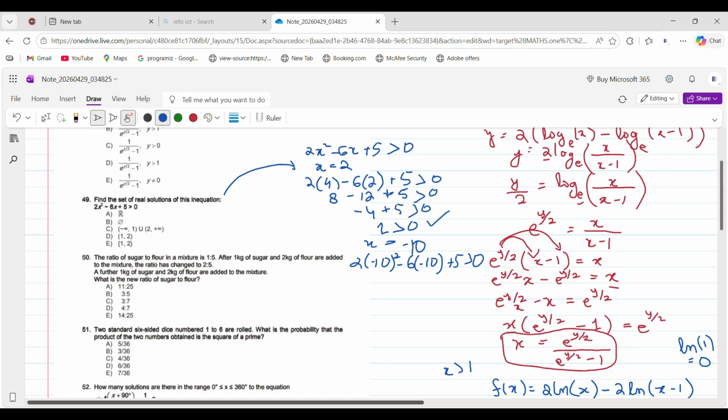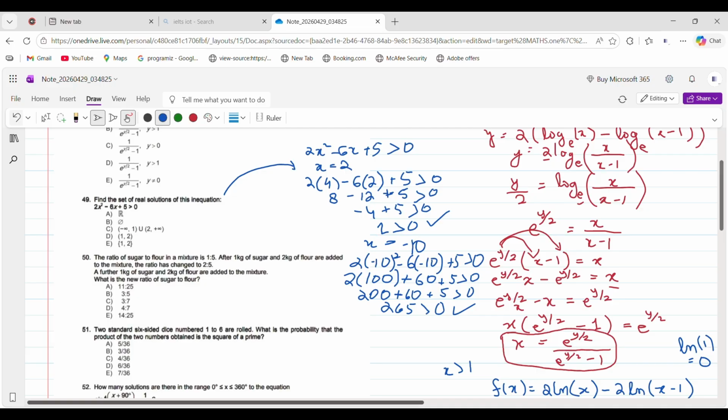Minus 10 square is 100, and minus 6 times minus 10 is plus 60. 2 into 100 is 200, plus 60 plus 5, that is 265, which is of course greater than 0. So by putting positive values we got a term greater than 0.